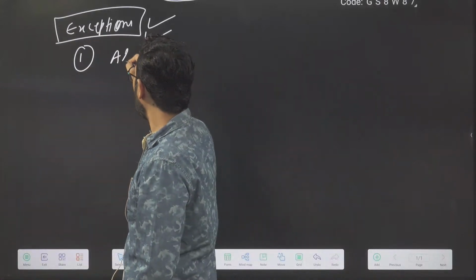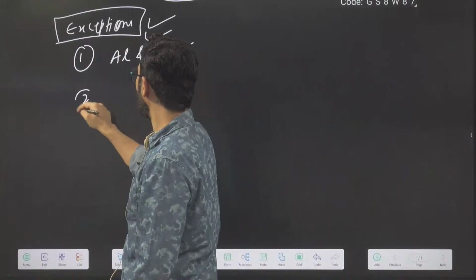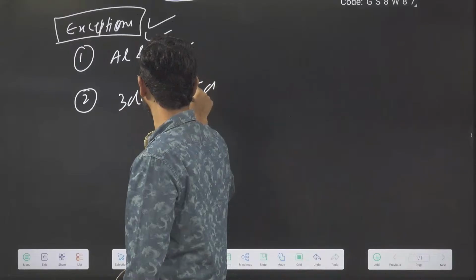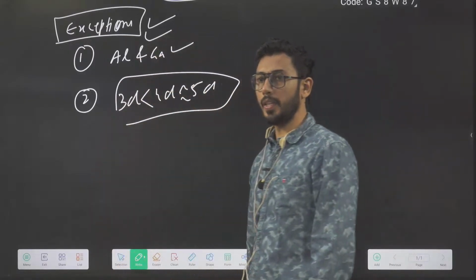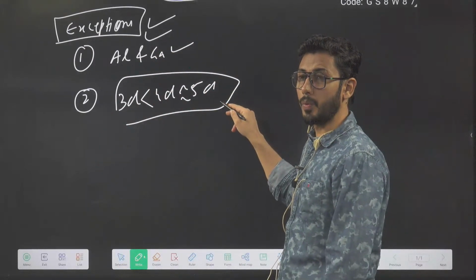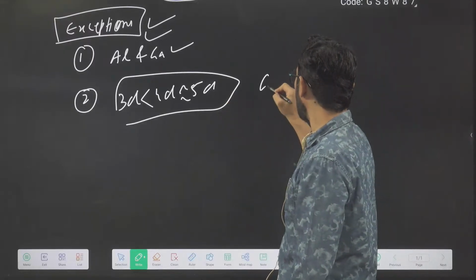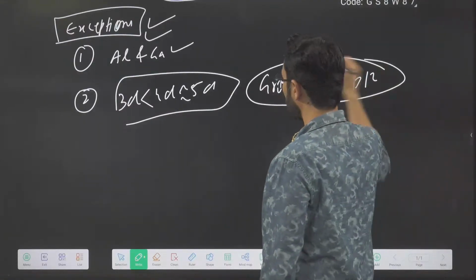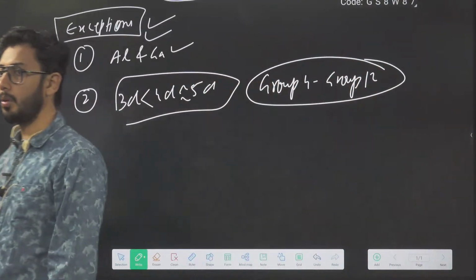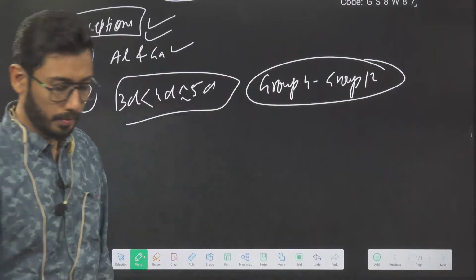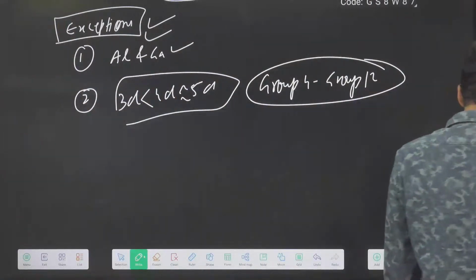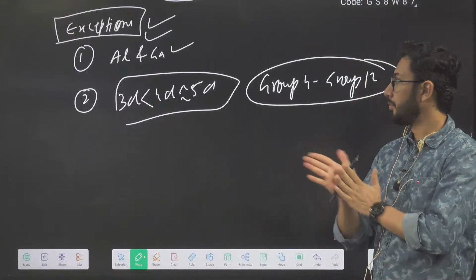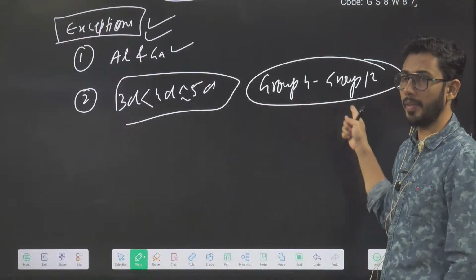One was aluminium and gallium. Then the other one, 3D, 4D, 5D series. Here you have done the example of zirconium, hafnium. In the notes mention it, group 4 to group 12. That works from group 4 to group 12. Not with scandium, yttrium, lanthanum.